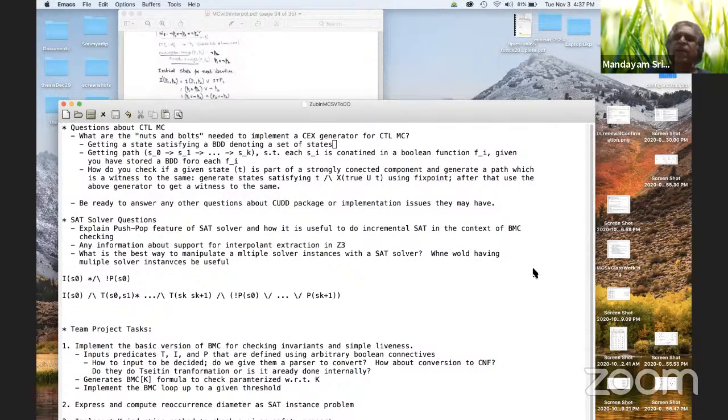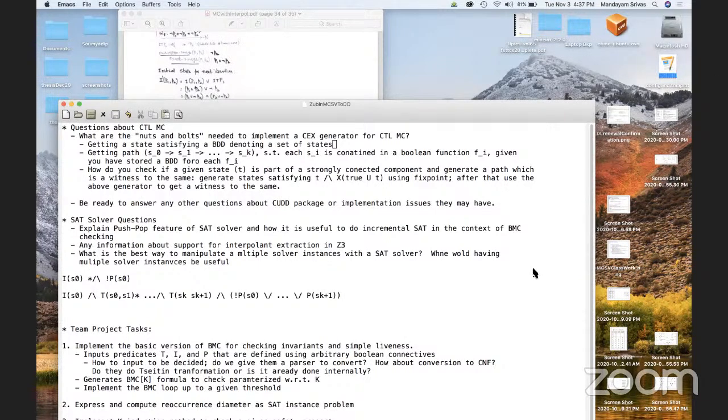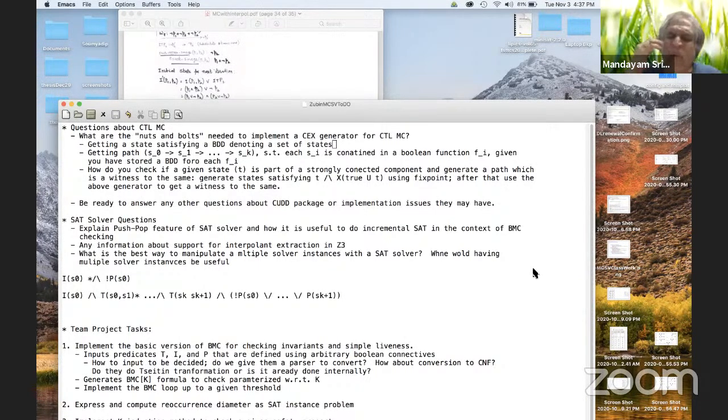You have to repeat that until you hit not of P, because you won't know which one to pick until you know. So you have to come all the way to some tau I during that computation. Instead of waiting till you reach the fixed point, you can actually check if it intersects with I at any tau I, and then you pick one initial state from I intersection tau I. Then you compute all its successors by computing the post image.